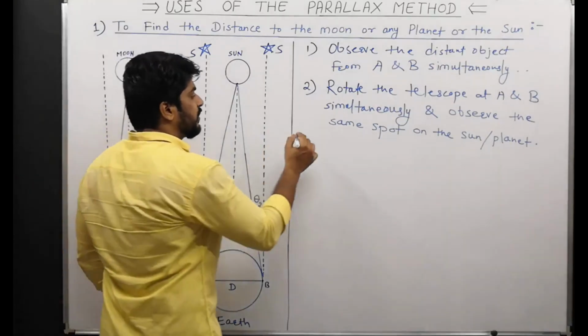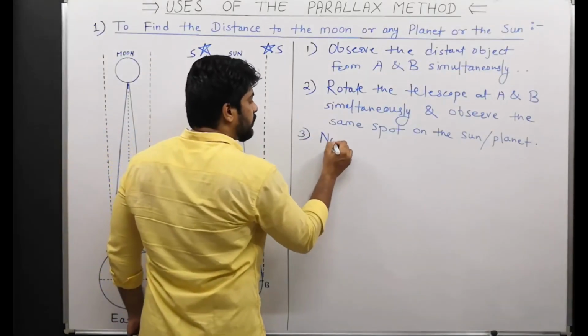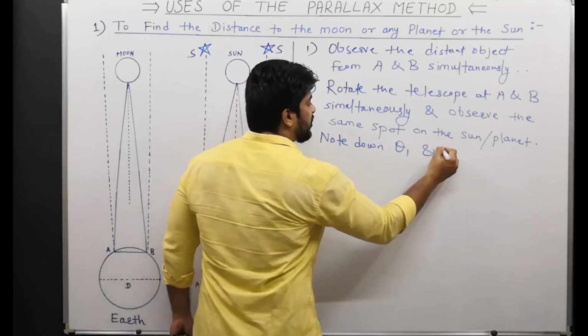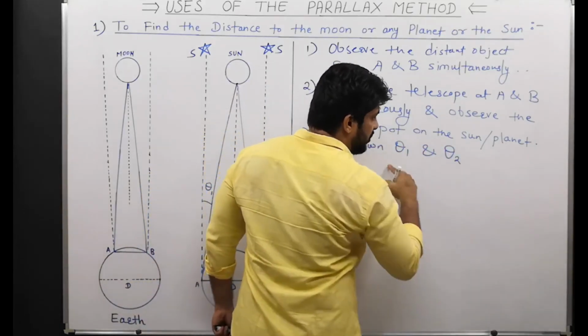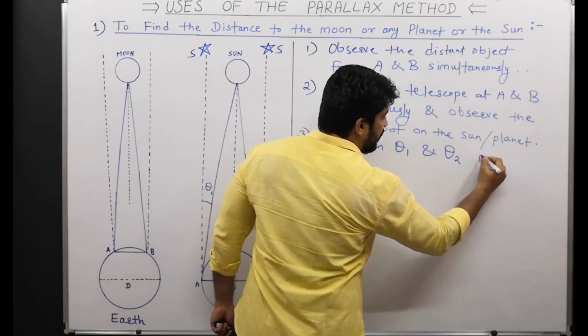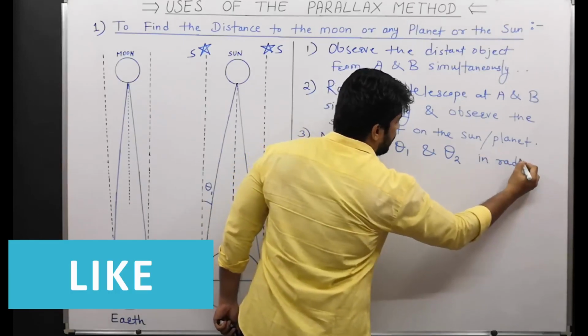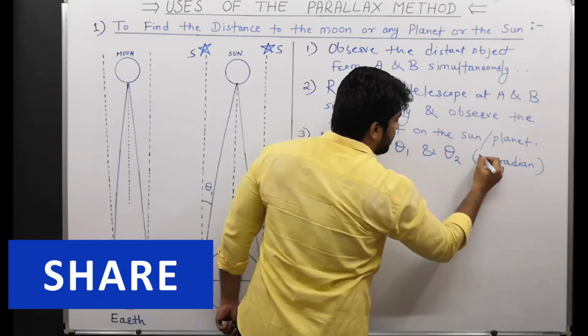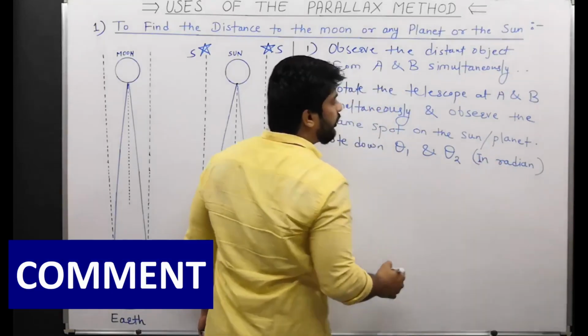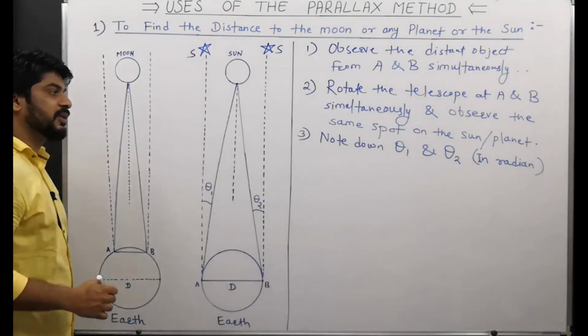So I will write the third step: note down theta1 and theta2. Remember, these theta1 and theta2 must be in radian. Radian is the SI unit of plane angles, like theta1 and theta2.